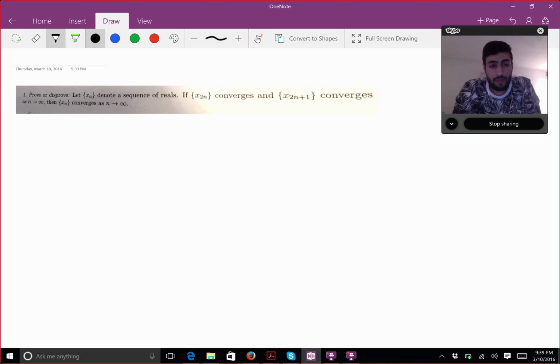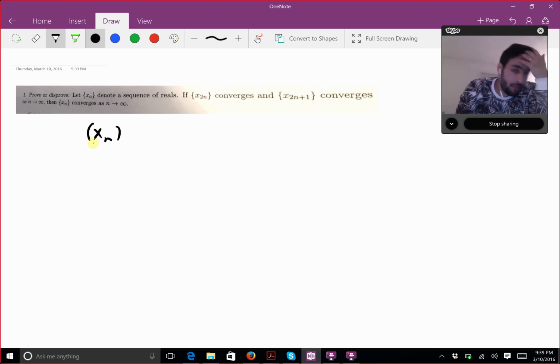Now, what he's asking you is this. You have some sequence x_n, a real sequence. He said let x_n be a sequence of reals. And I know that the even part of the sequence converges. The terms in the sequence that have even indices, they converge, right?